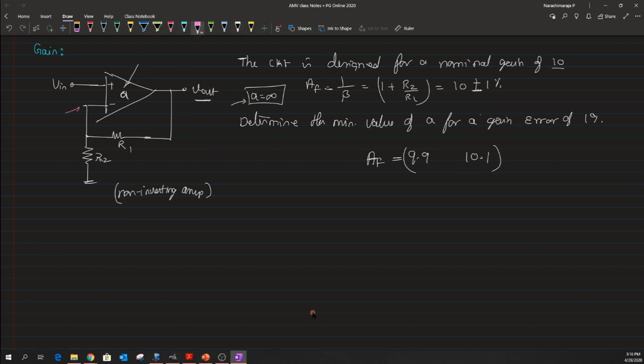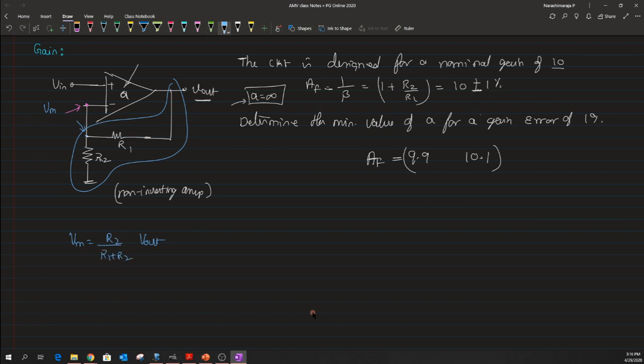The voltage across this particular node, the negative terminal of the op amp, can be written in terms of V out. It's just the simple voltage divider rule applied on this network, and that voltage is taken as Vm, and the value of this Vm in terms of V out is defined as R2 divided by R1 plus R2.